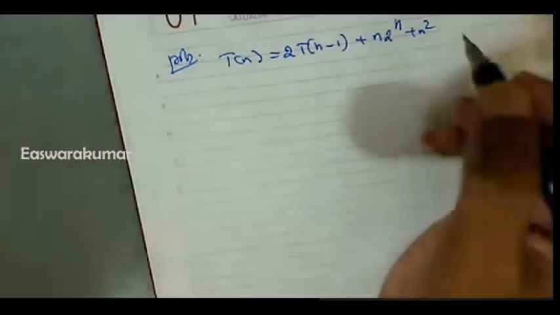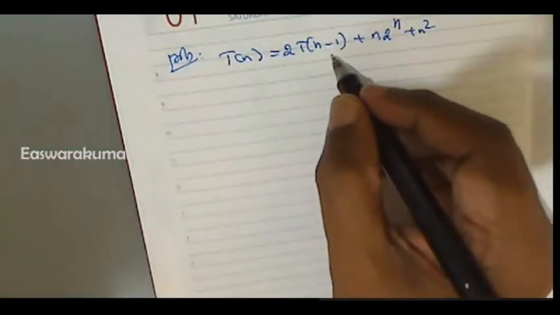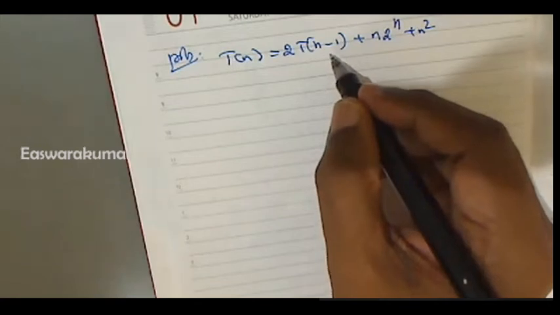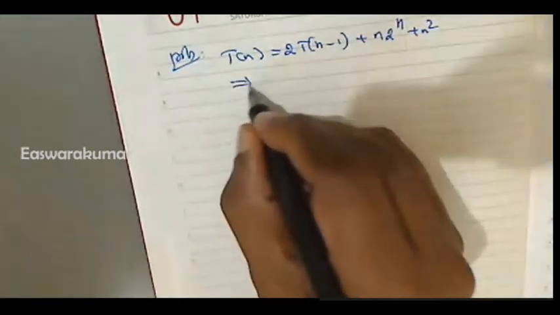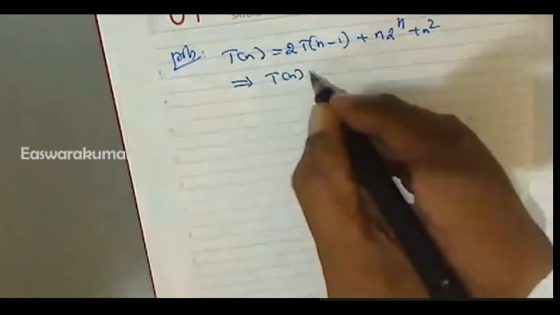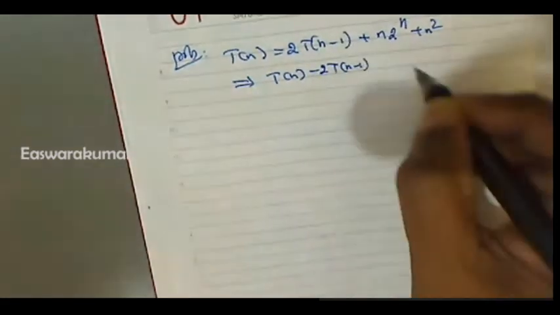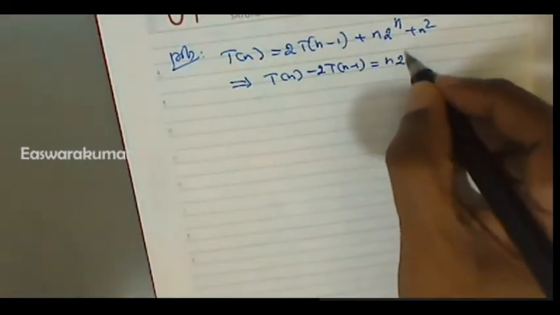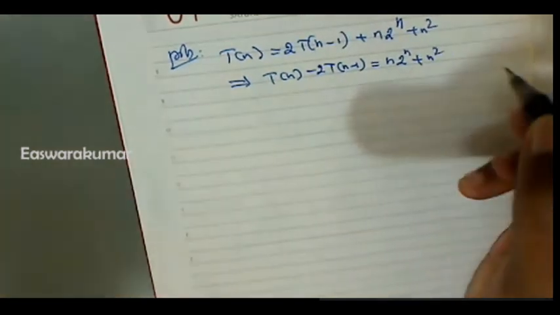First we have to bring all the T terms to the left side. So it will be T of n minus 2 T of n minus 1, and the right hand side is n times 2 power n plus n square.